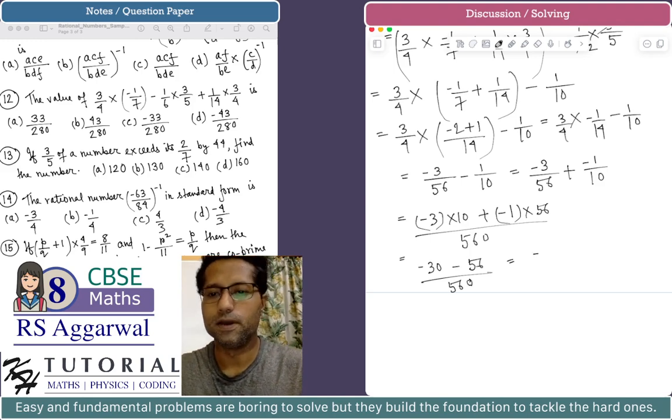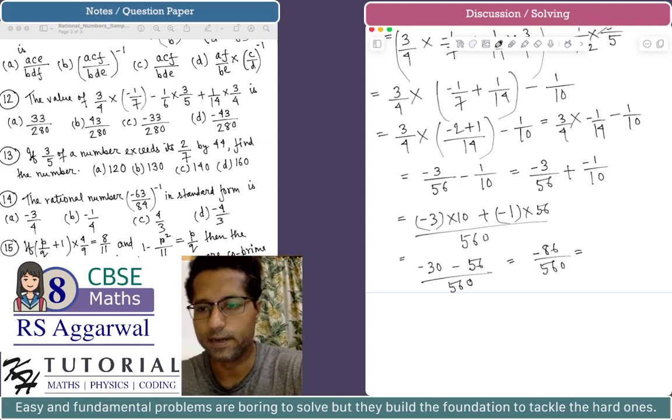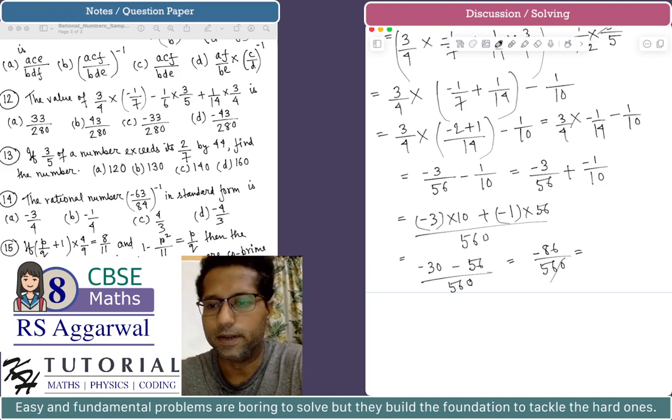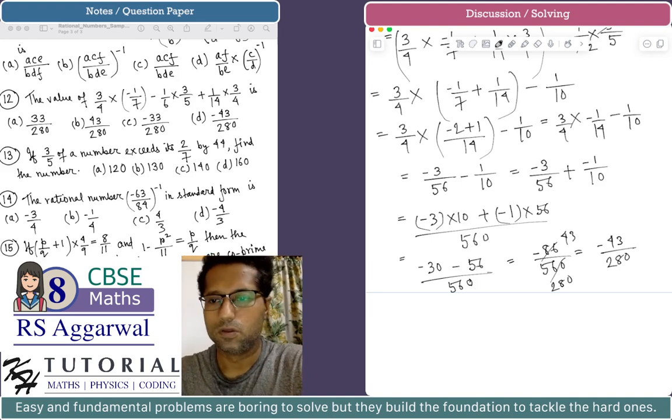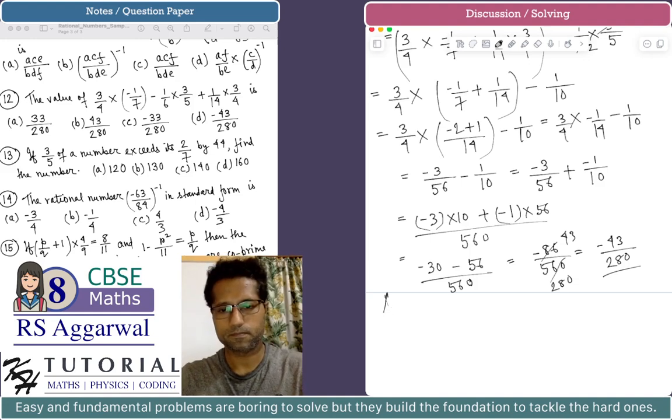This is equal to minus 86 divided by 560. Now if I cancel with 2, I get 280 and 43. So I get minus 43 by 280. So the correct choice is D.